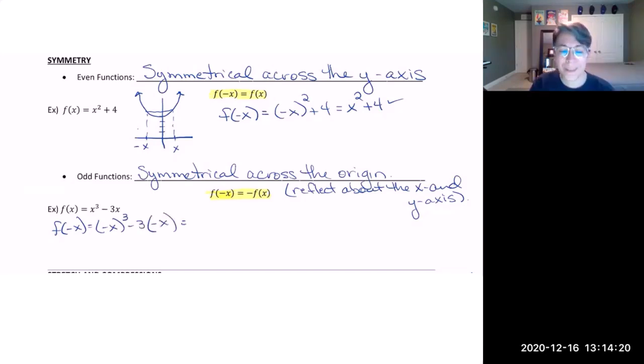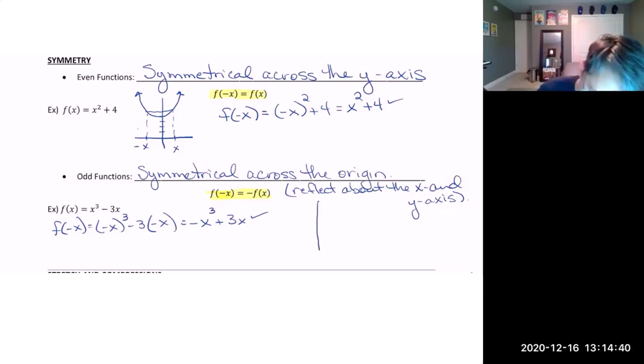So if we were to cube a negative, it gives us a negative back. So we get the opposite of x cubed plus a 3x. So we get the same thing as the original, except all the signs are changed. So it's like distributing a negative across the function. So it is definitely odd.